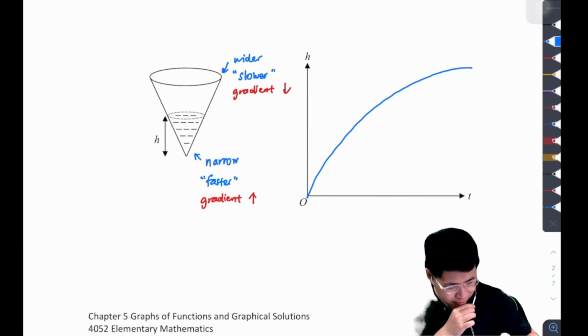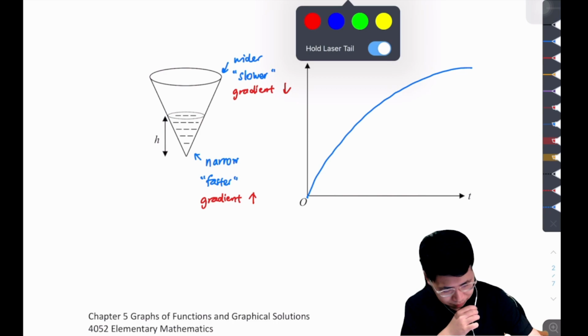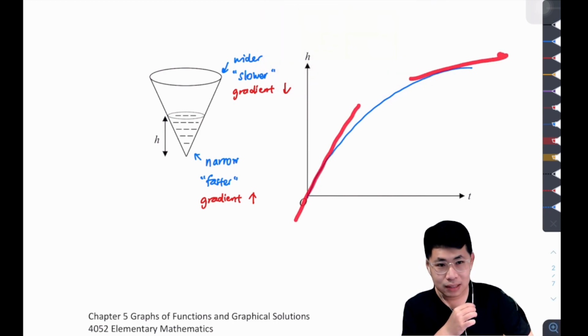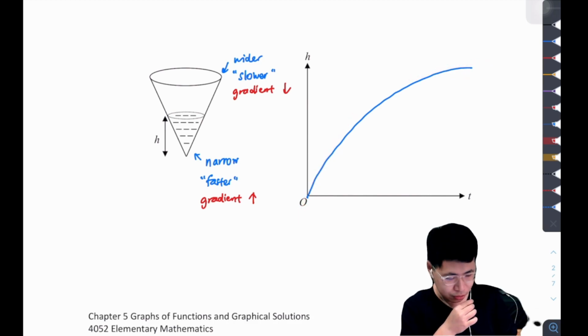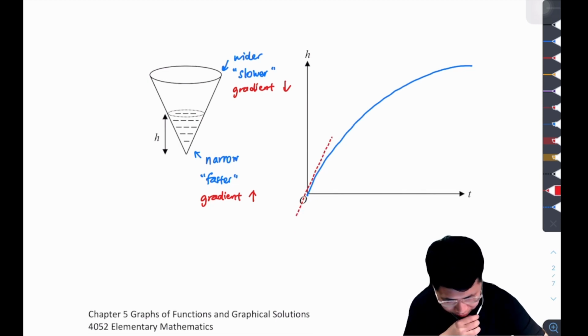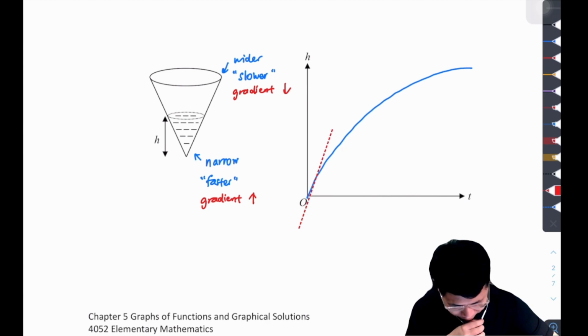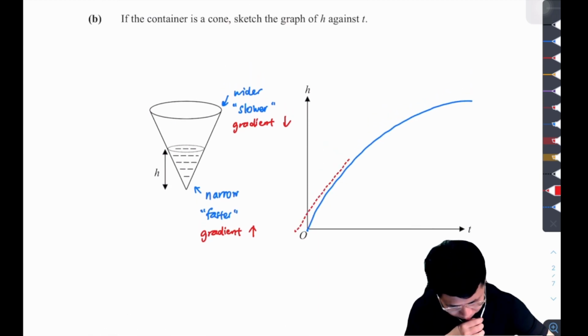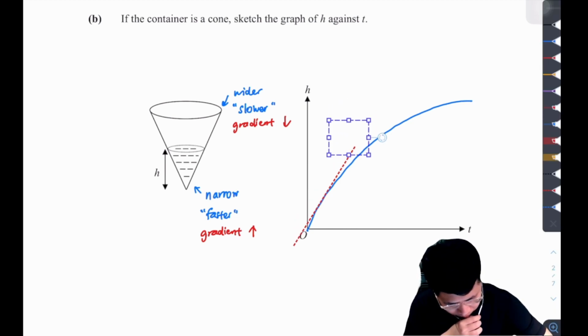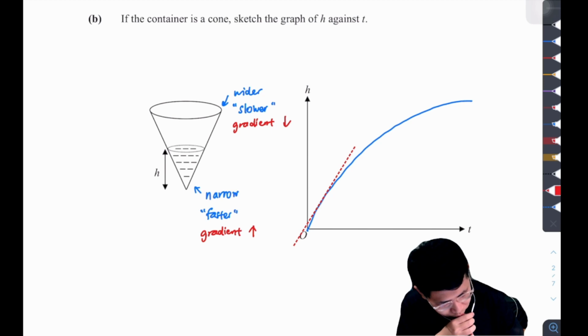Okay? And as you can see, the tangents go from a steeper tangent to a less steep tangent over there. So over here, let me just draw in. You don't have to copy this, but I'm just including these two lines to explain again what this means.